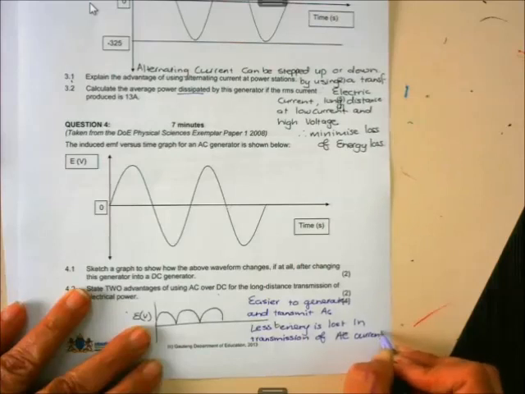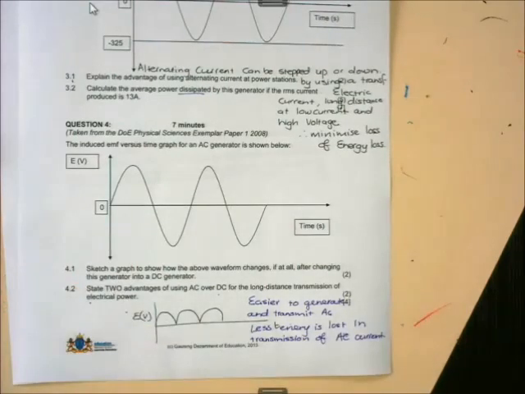You could have also gone into the voltage and all things like that. And here they've asked you for 2 advantages of AC over DC.